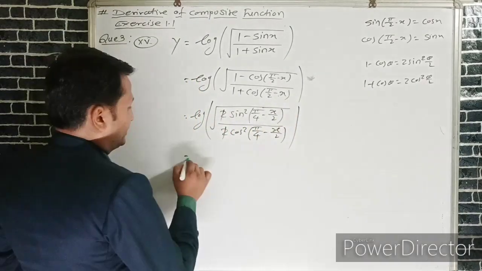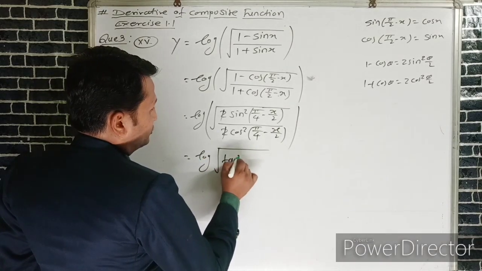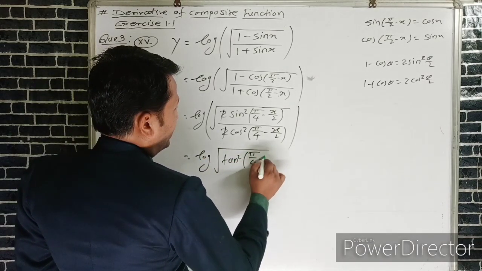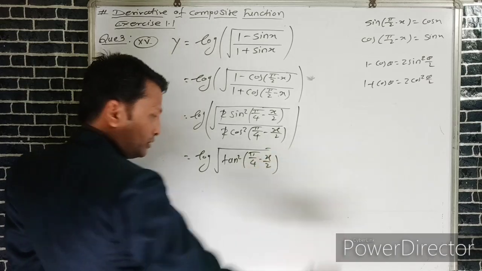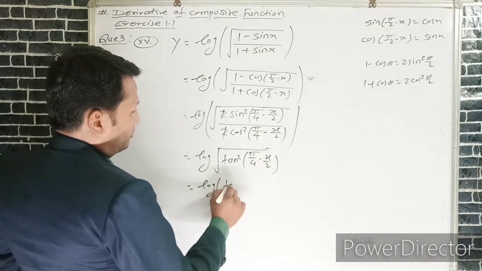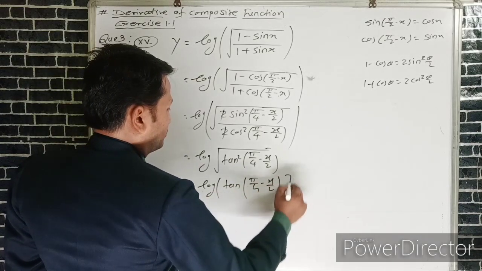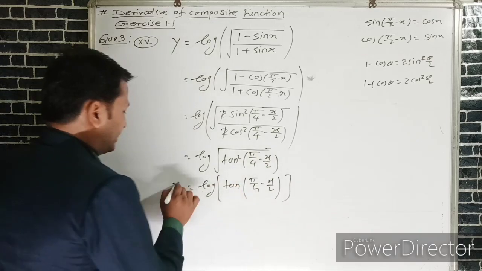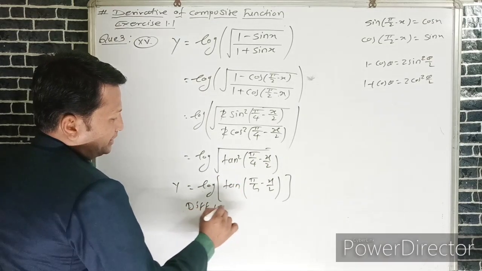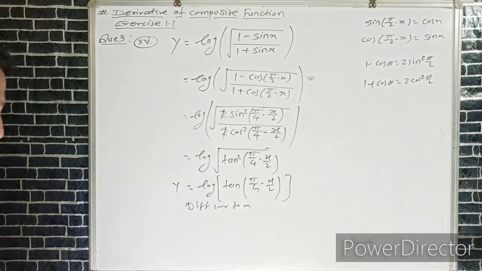We can write it log of sin upon cos is tan, square of pi by 4 minus x by 2. Square and square root again cancel. So we can write log of tan of pi by 4 minus x by 2. After that, if we differentiate the given function, we get the required derivative of y.